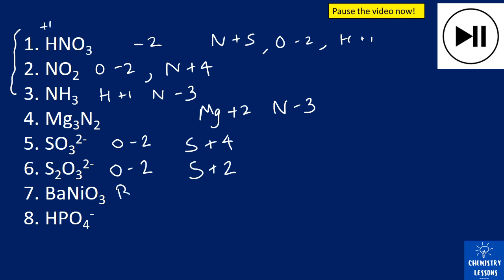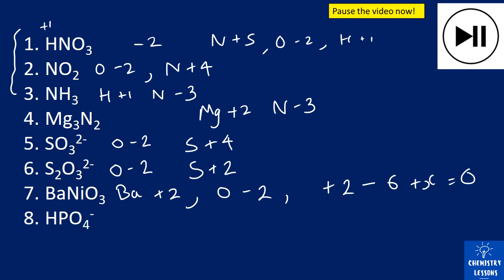BaNiO3, well, Ba is in group 2, so it's always +2. Oxygen's going to be -2 because it's always -2, except in peroxides. And now we're going to work out what's happening with the nickel. So we've got +2 -6 plus X is equal to 0. So therefore X is +4.